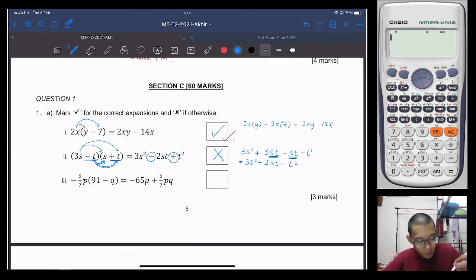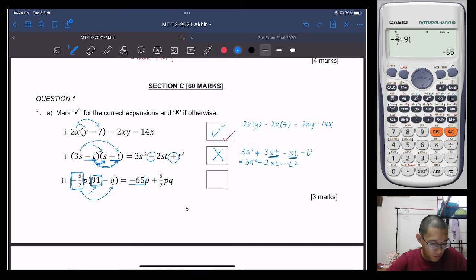The third one, we use this times this. To find out the answer, you use negative 5/7 times 91. So negative 5/7 times 91, you will receive the answer negative 65.